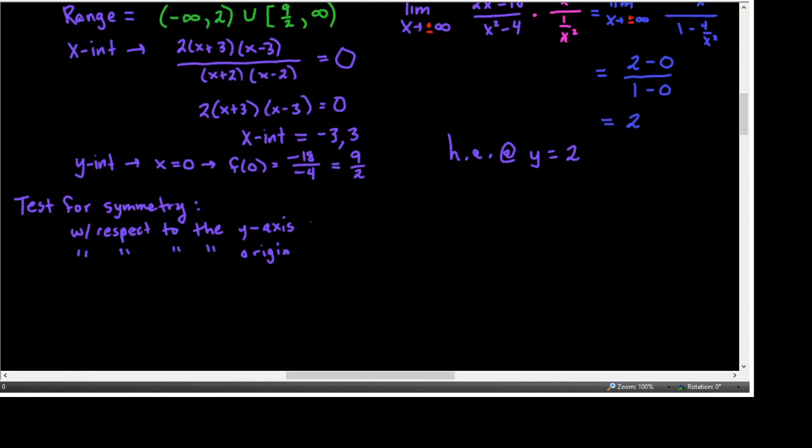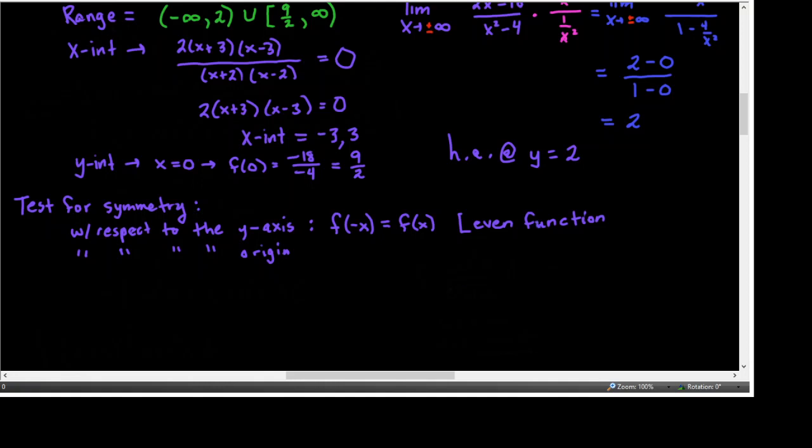So the test for symmetry with respect to the y-axis is because all even functions do that. It will be an even function, which means that when you substitute negative x into the function, you'll get back the original function. So again, all even functions have symmetry with respect to the y-axis.